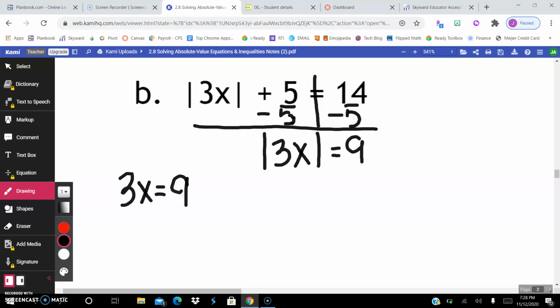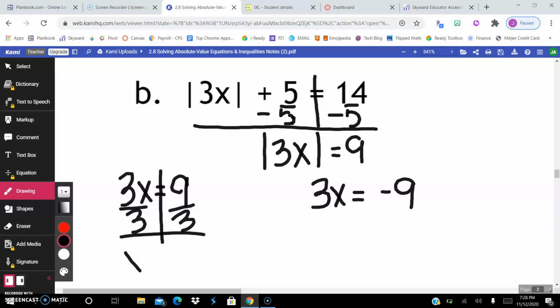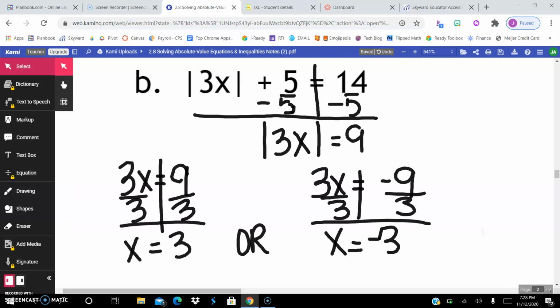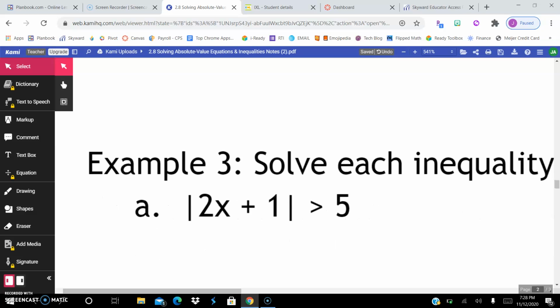So 3x equals 9, and 3x equals negative 9. Divide by 3, so x equals 3. Divide by 3 here, and x equals negative 3. Remember, one or the other. So it's either 3 or negative 3 that make that equation true.